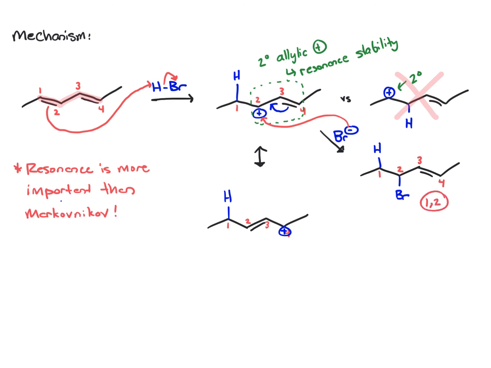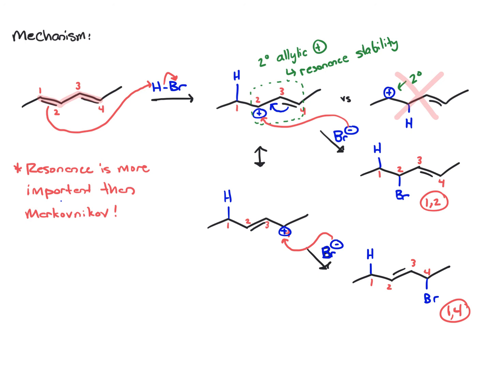Likewise, if we were to do the same thing with our other resonance structure, and add the bromide to the carbocation, we have the H at carbon 1, the Br at carbon 4. This would be a 1,4 product. So that answers our 2 fundamental questions.